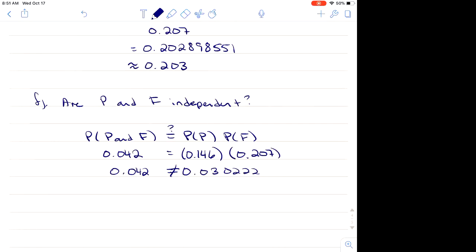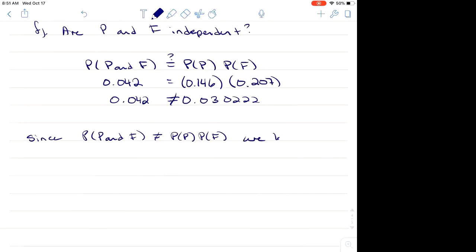Okay. So since the probability of P and F does not equal the probability of P times the probability of F, we know P and F are not independent.